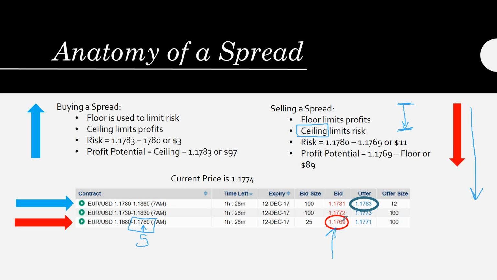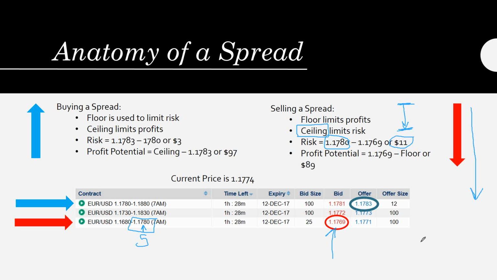Now, the price that you pay on entry in this example is $17.69. So when you subtract that from the ceiling, then your risk on it is $11. Does everybody see that?